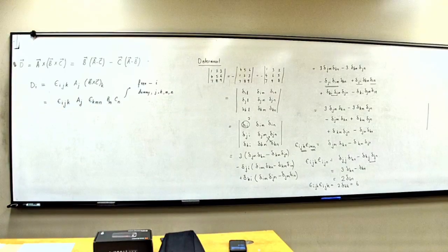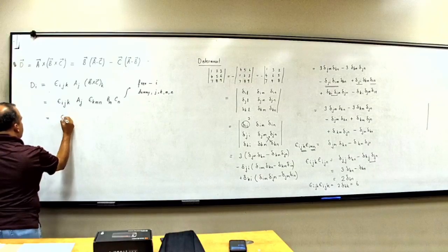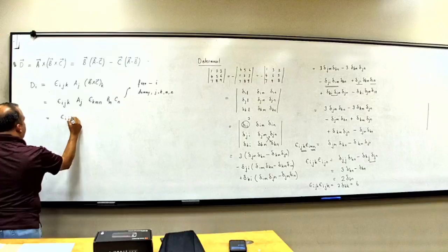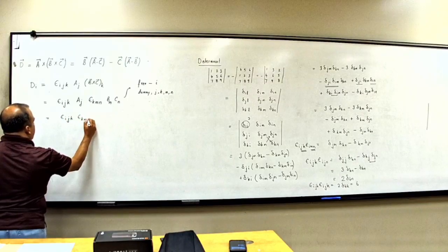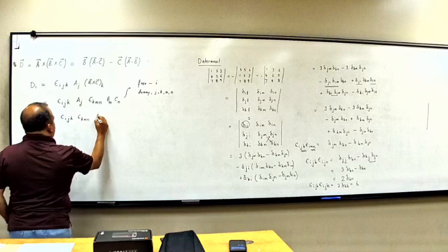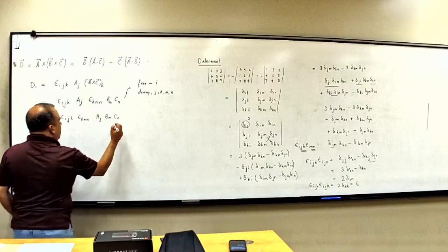Right. There are 4 sums if you want. And if you put this together, this is epsilon i j k, and that is epsilon k m n, and you do a_j b_m c_n.